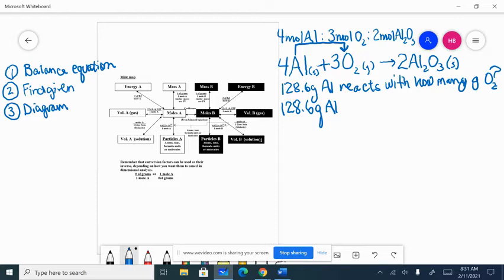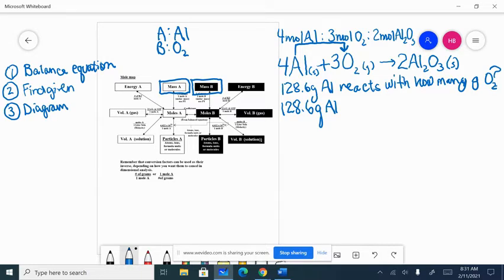We're just going to start on the A side. The given's going to be A. What they're asking us to find is going to be B. So in this case, A is aluminum and B is oxygen.